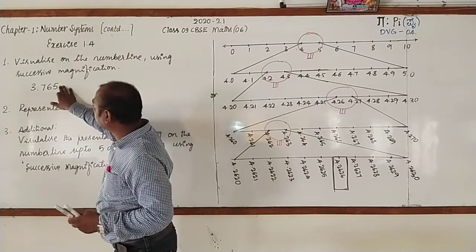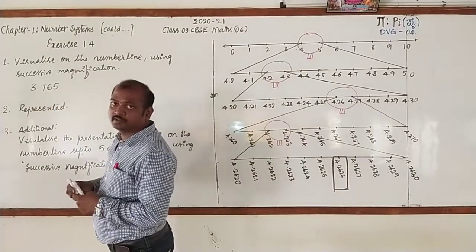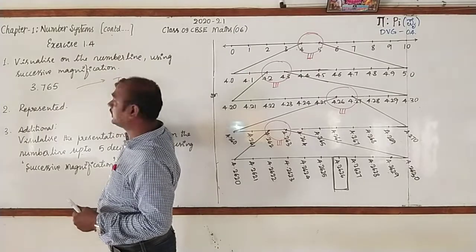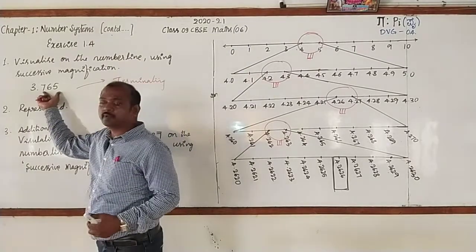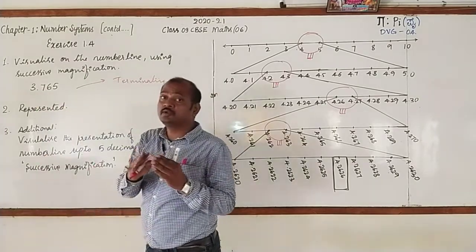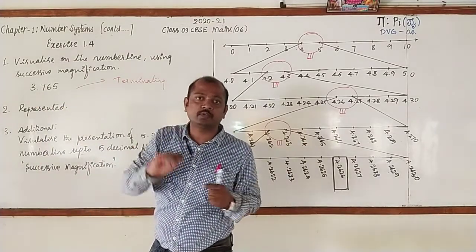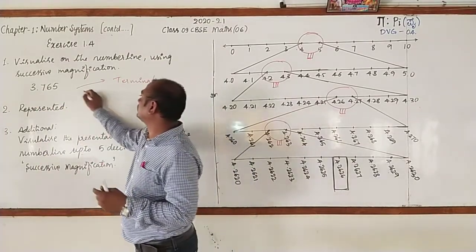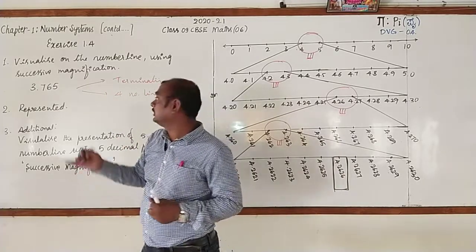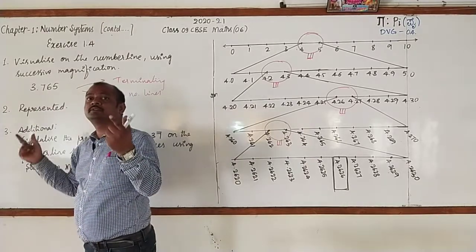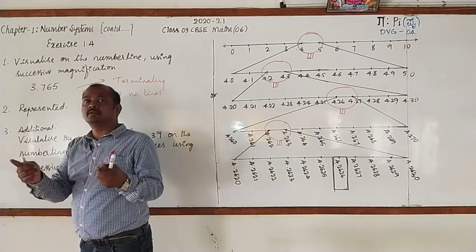What type of decimal expansion is it? Terminating, because it has a countable number of digits. Then could you tell how many number lines you are going to draw? Yes, you have to draw 4 number lines. Why? Because in the decimal part we have 3 digits plus 1, 4.